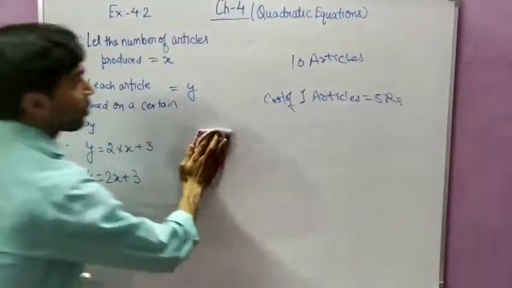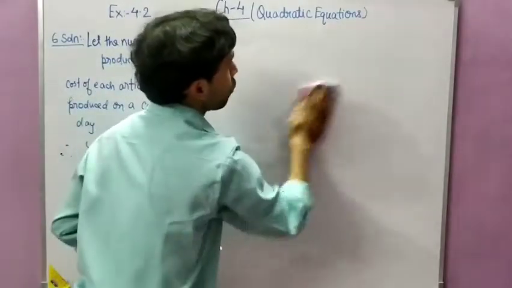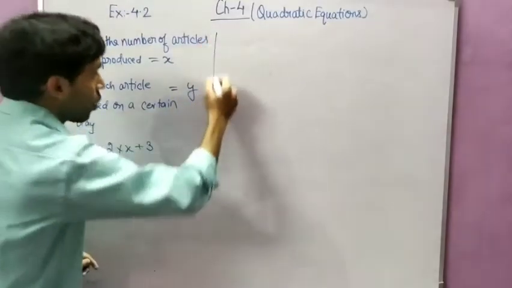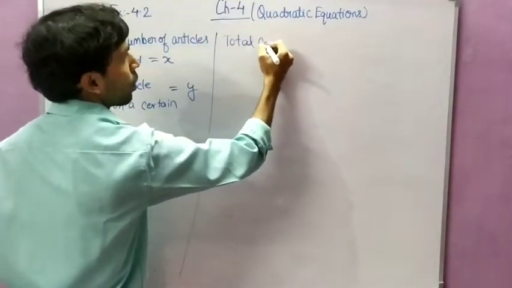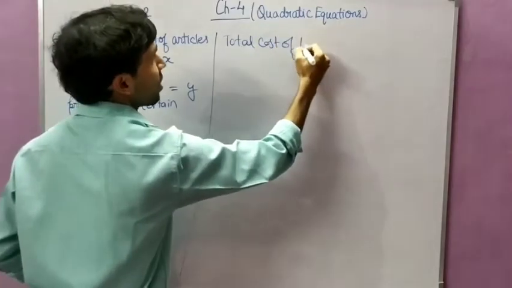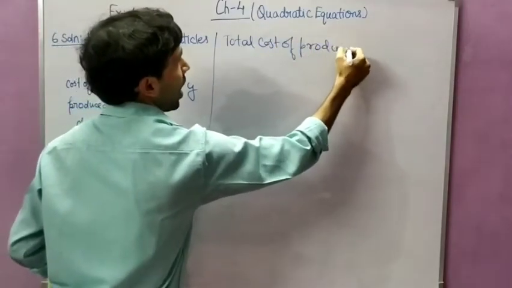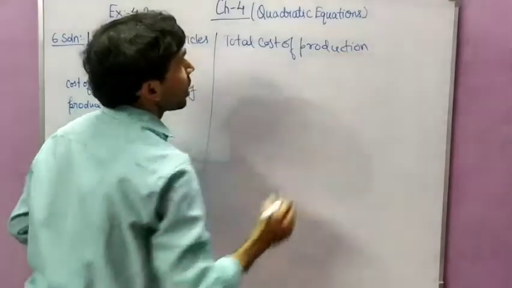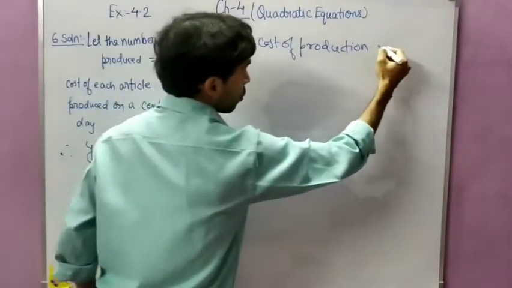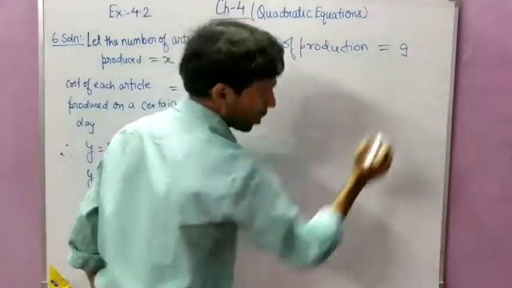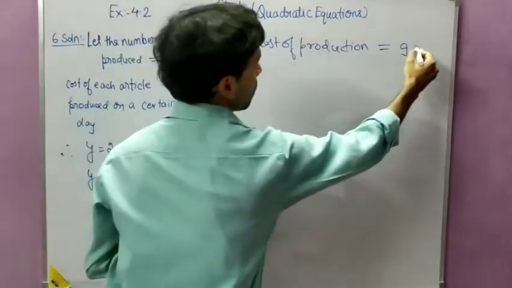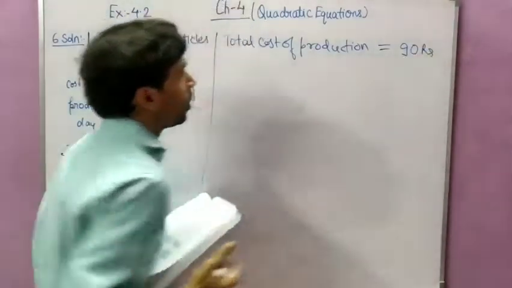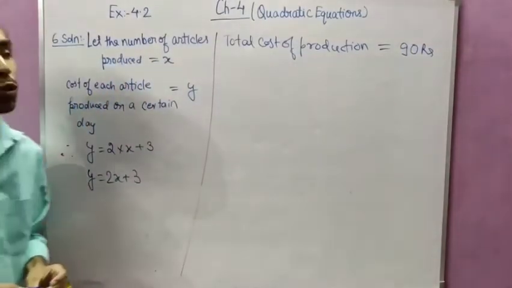Similarly, in this question, the total cost of production is given. Total cost of production is 90 rupees. So how will we calculate the total cost of production?